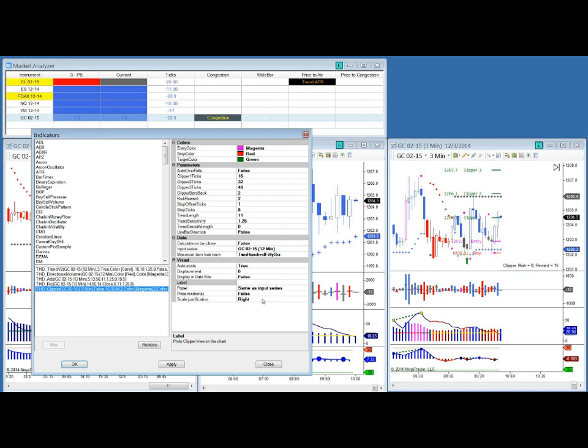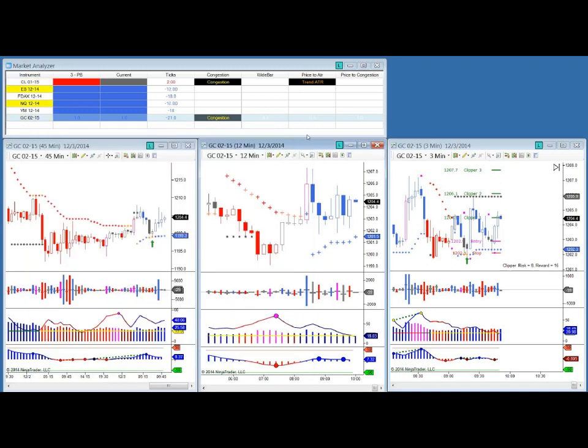You could just do Clipper long because you're going long. You could just do Clipper short because you're going short, okay? It's whatever's most convenient for you. I do try to offer as many variations as I can without revealing code, okay?